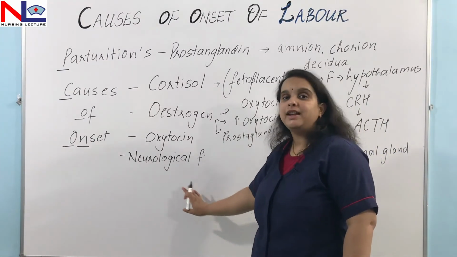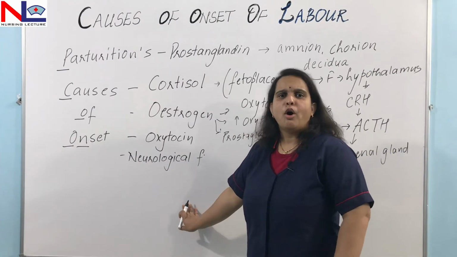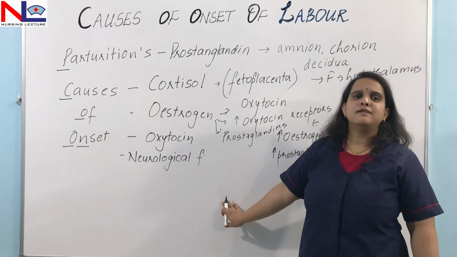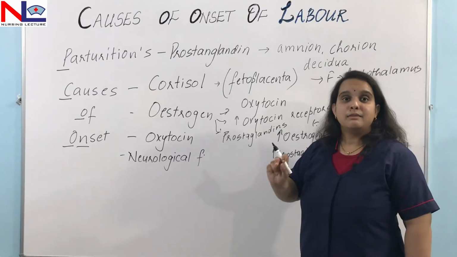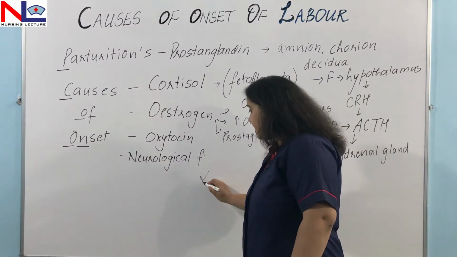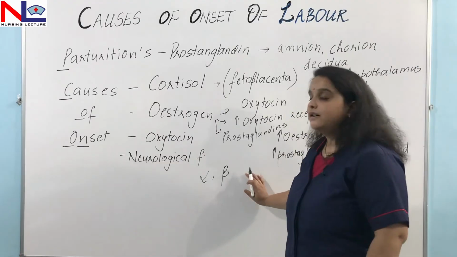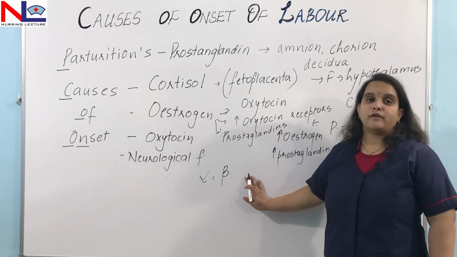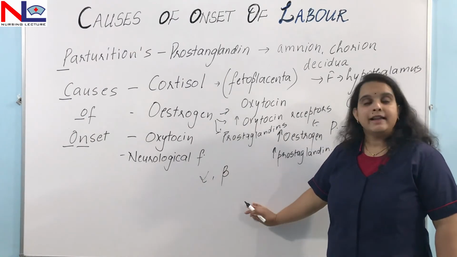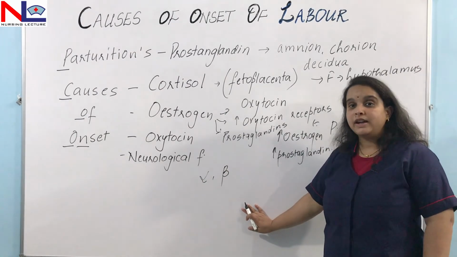And the last one is the neurological factor. Although no initial nerve supply is required for the initiation of the labor process, there are alpha as well as beta adrenergic receptors present in the myometrial layer of the uterus. So what do the alpha receptors do here?